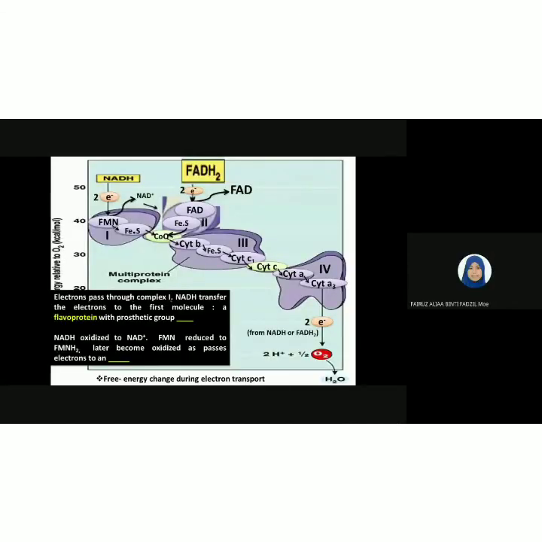Let's see this one. Electrons pass through complex 1. NADH transfers the electrons to the first molecule, a flavoprotein with the prosthetic group flavin mononucleotide, FMN. NADH is oxidized to NAD+, FMN is reduced to FMNH2, and later becomes oxidized as it passes electrons to the iron sulfur center.